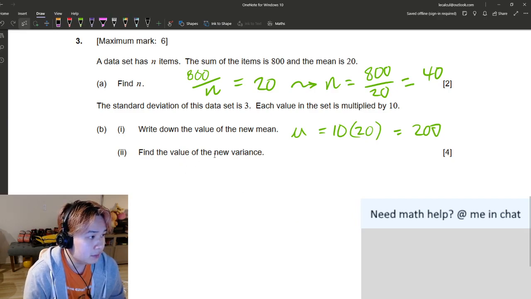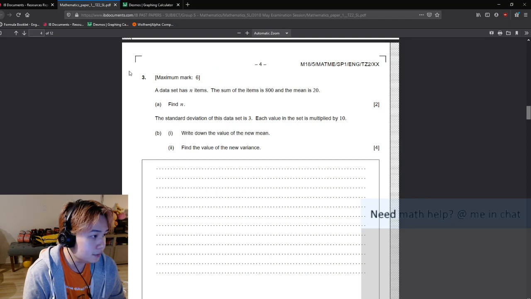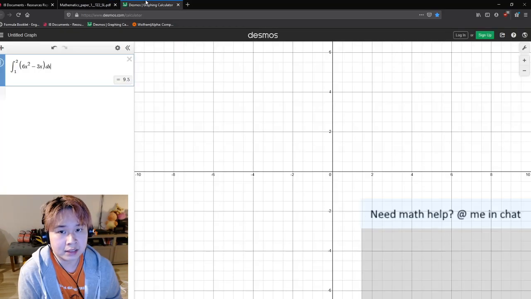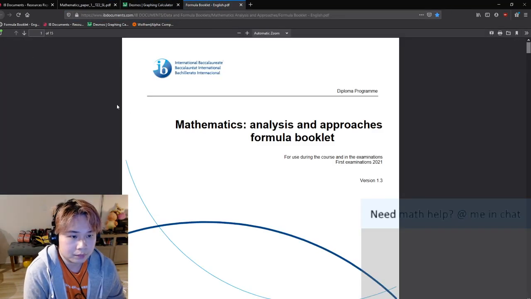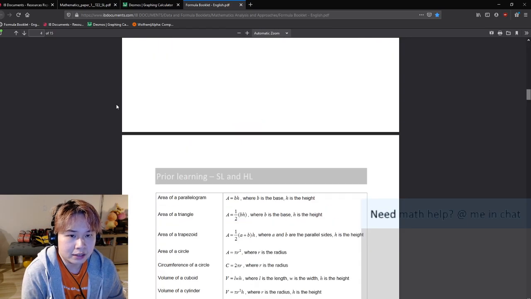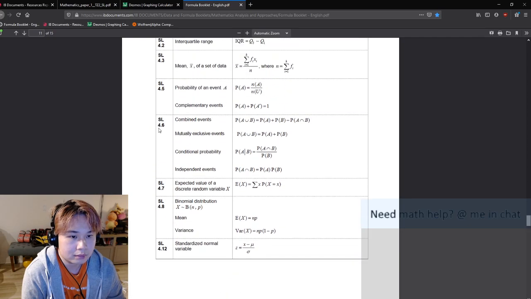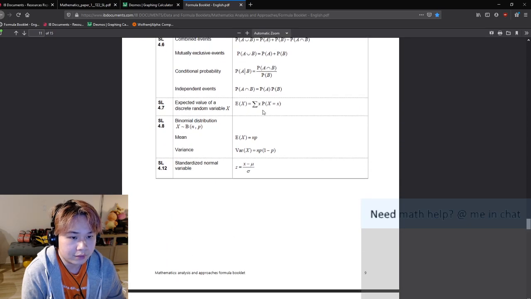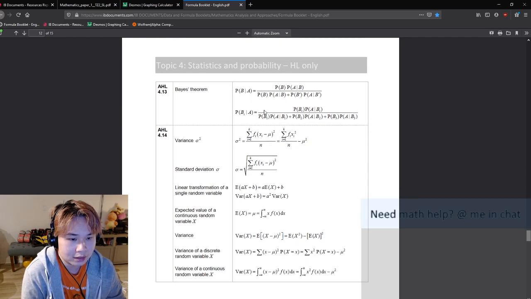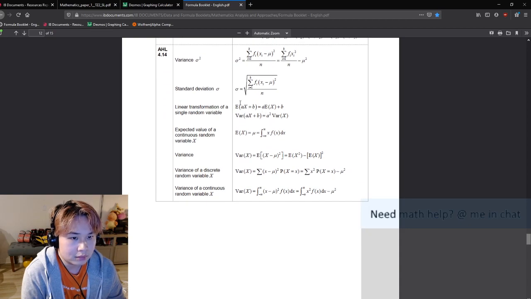If you want to find out the value of the new variance, this stuff you don't actually need to memorize. It is in your formula booklet. So if you go down to statistics, I'm fairly sure it's in your formula booklet. Right here. So let me zoom in.